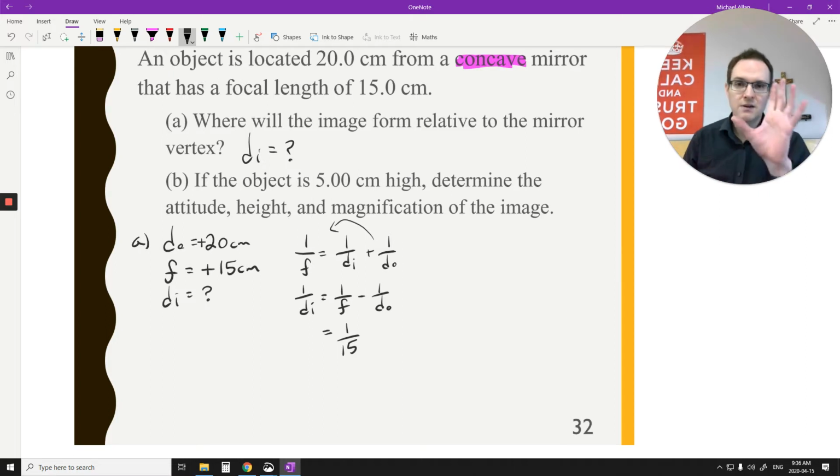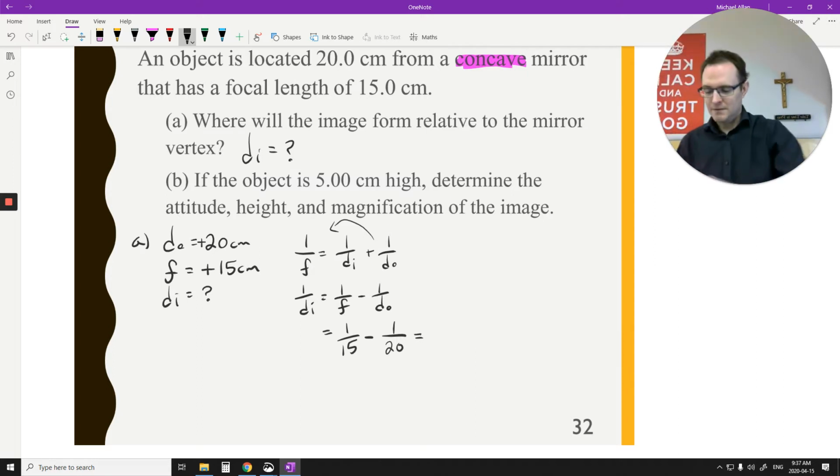Because there's no constants here, like Coulomb's constant or gravitational constants, they're not forcing you to keep the units in a very specific way, but they have to be the same. If I have centimeters, the other one has to be centimeters. I can't mix them up. If I use centimeters, I get centimeters out. And then I'm going to go minus 1 over do. You might get a minus minus situation sometimes in these kinds of questions, so you have to be very careful, but this one's just a plus 20 at the bottom.